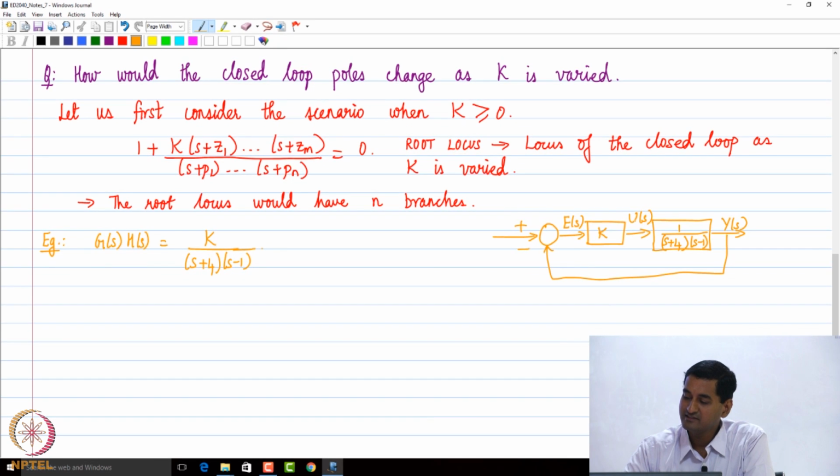You can immediately see that the open loop transfer function is K divided by (s plus 4) times (s minus 1).